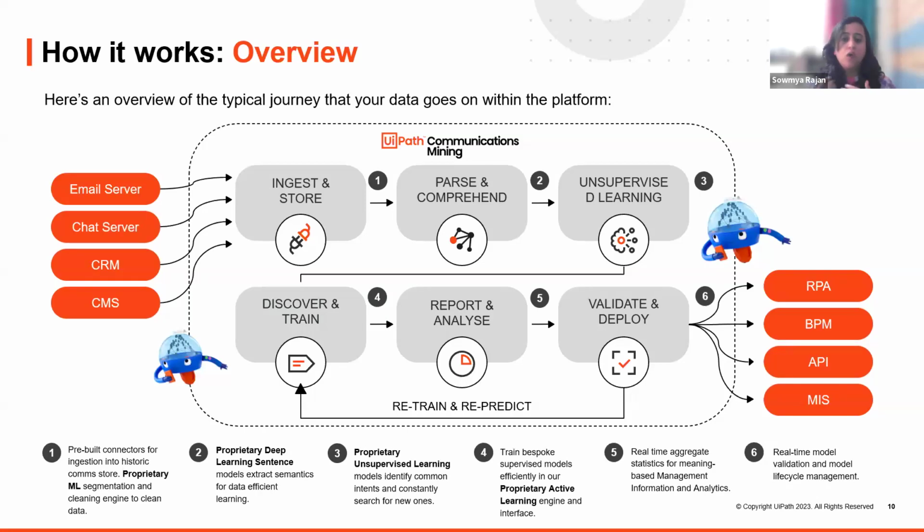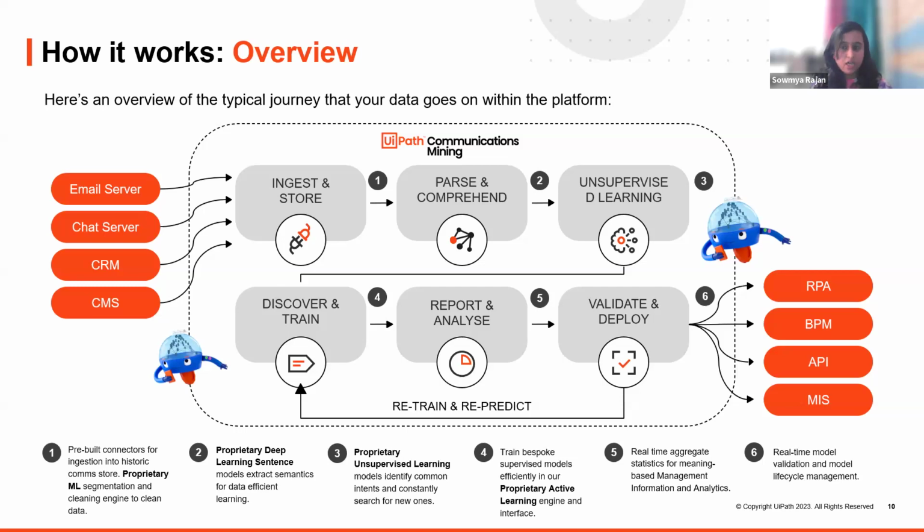And once you are fine with the model rating that is coming across, and you feel the model has been trained enough, you validate and see that all these predictions are right, and you deploy it into production. Or else you go back, train the model again, and validate it again.